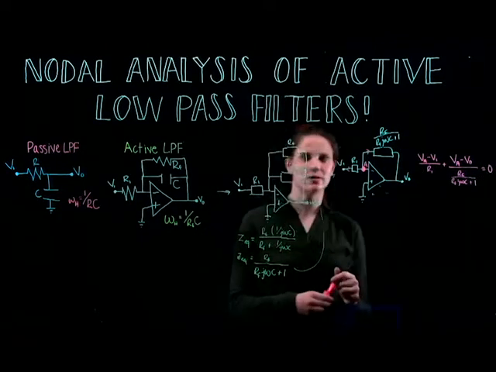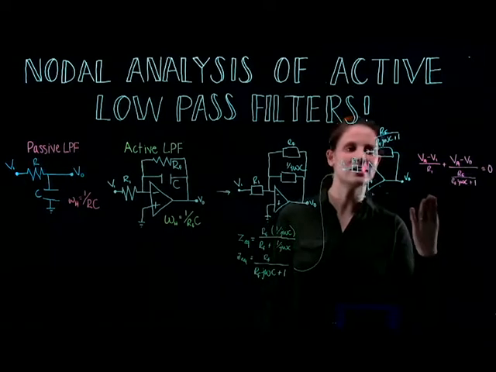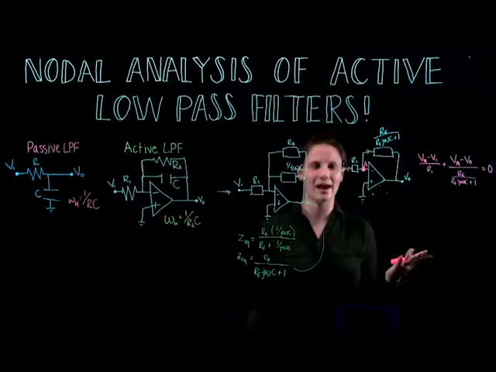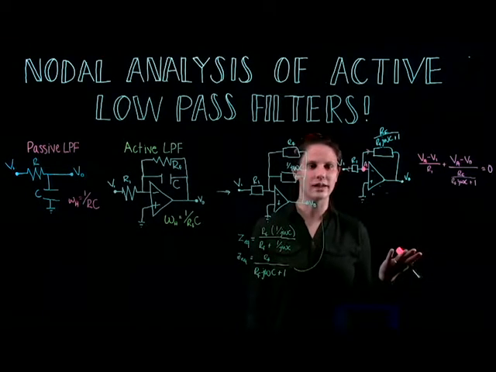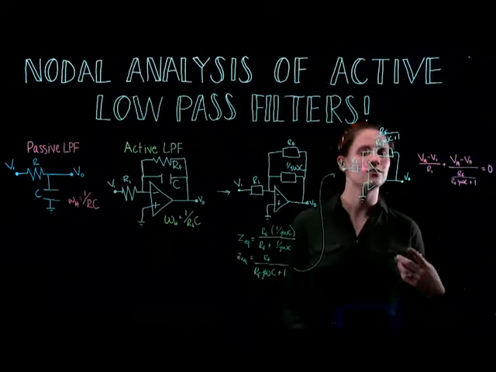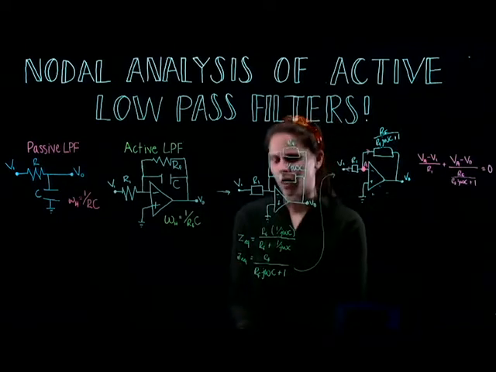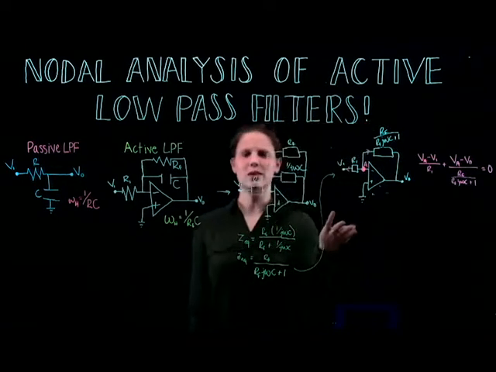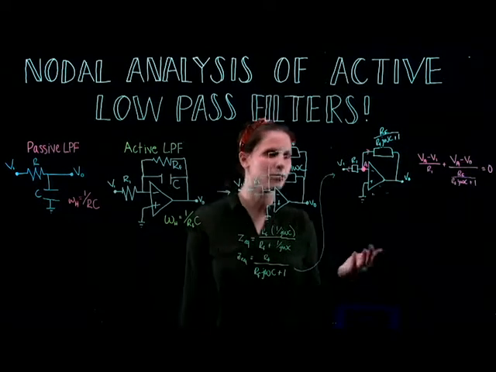So we've got this equation, which is great, but what we still don't have is a way to solve it because we've still got this VA that we don't have any way of solving. To fix that, we're going to look at some op-amp principles here. We've got this inverting op-amp, and we've analyzed this plenty before.